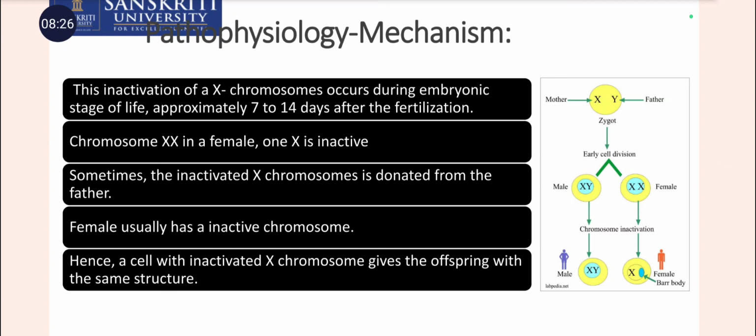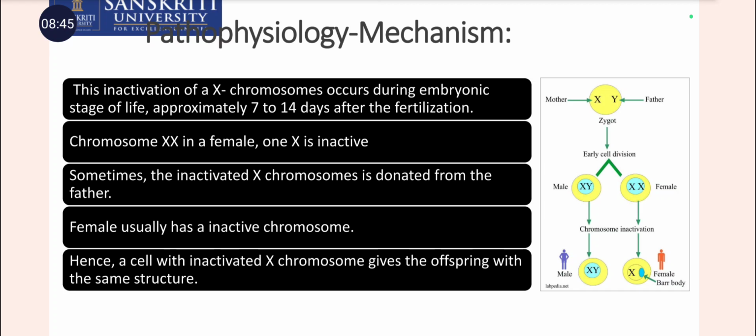We can detect that the sample belongs to a female, or that the gender of the patient is defined as female. So any sample showing the Barr body is defined as a female sample.